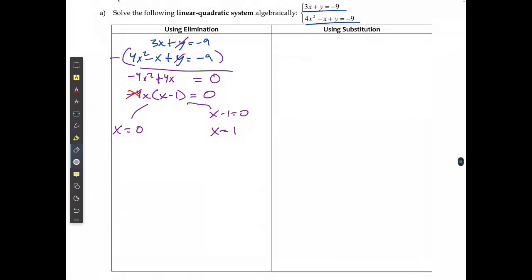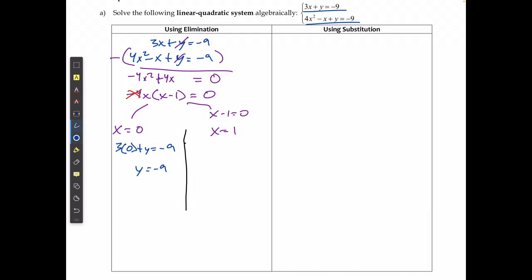So I can split this up and say that on one side, if I use the first equation, 3 times 0 plus y is equal to -9, then y would just equal -9.